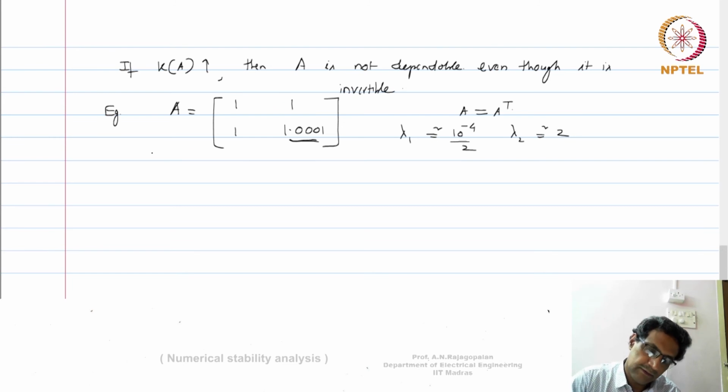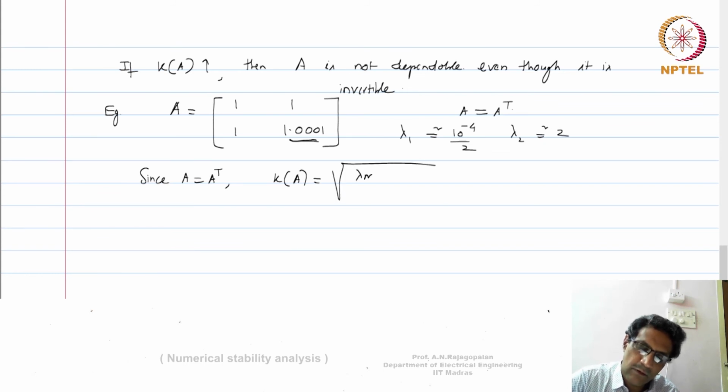Since A is equal to A transpose, for the kappa of A, if you remember, it was the root of lambda max of A transpose A by lambda min of A transpose A.